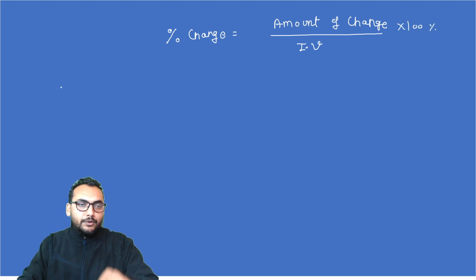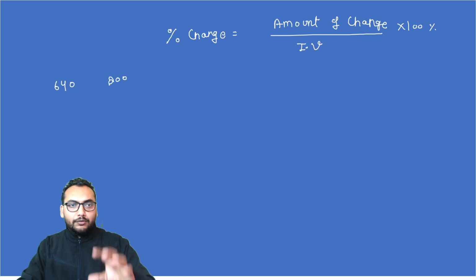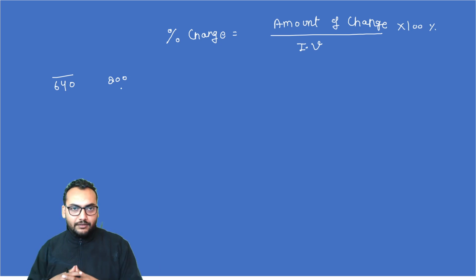So let us suppose I just want to know, if someone has scored 640 marks out of 800, what is the percentage change now.